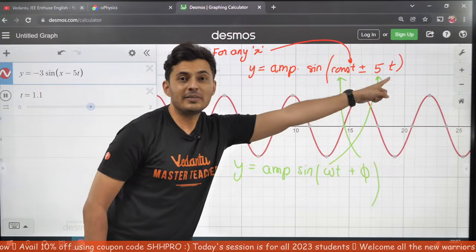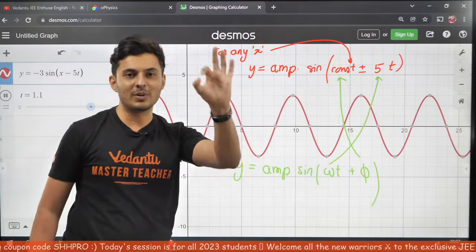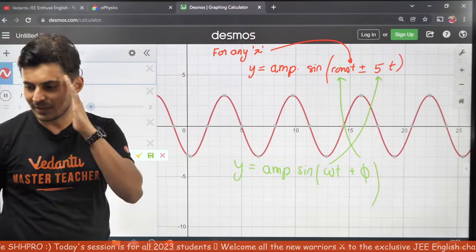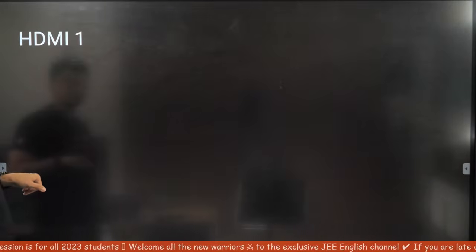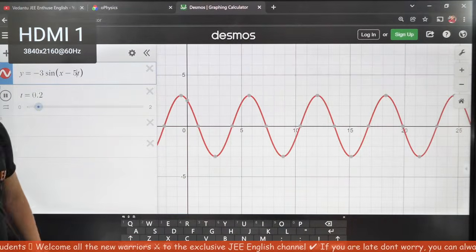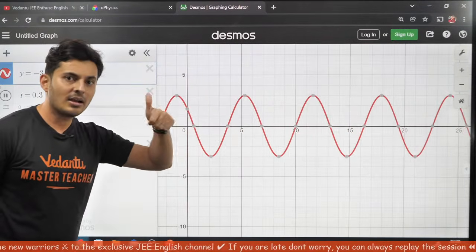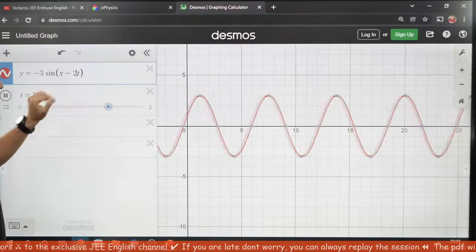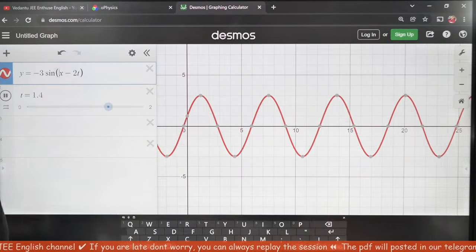So the coefficient of time is nothing but the angular frequency of the wave. So by changing this number, I can change the wave's frequency. Understood, my warriors? Perfecto.